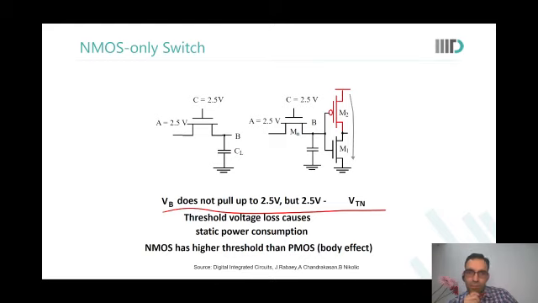Let us say VDD is 1 volt and threshold voltage would be 0.5, which is VDD by 2. What would you make of that? In advanced technologies, it actually becomes worse.